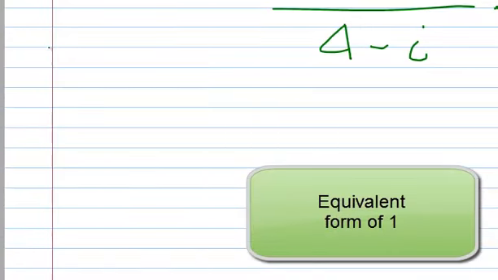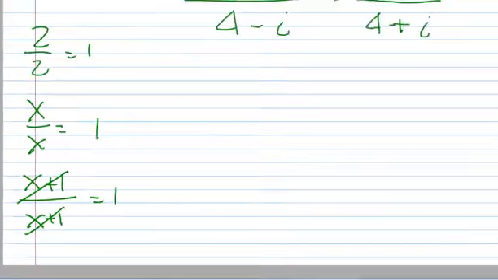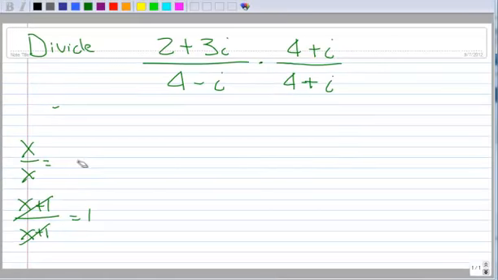So if I had 2 divided by 2, that's the same thing as 1. If I have x divided by x, that's the same thing as 1. If I have x plus 1 divided by x plus 1, that's the same thing as 1, because these cancel each other. So when I multiply by 1, I'm not changing the value of this at all, because you can multiply anything by 1 and not change the value.